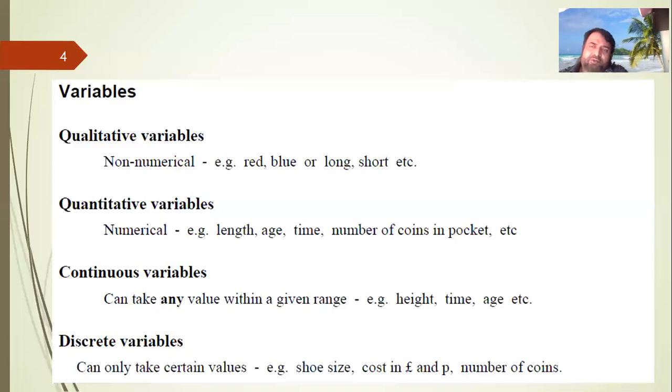Similarly, cost. When we are going to buy something from a shop, if the shop fixes their price, then the prices are fixed. Say the price of a shirt is written as $10, and another shirt is $15, another shirt is $20, another shirt is $18.